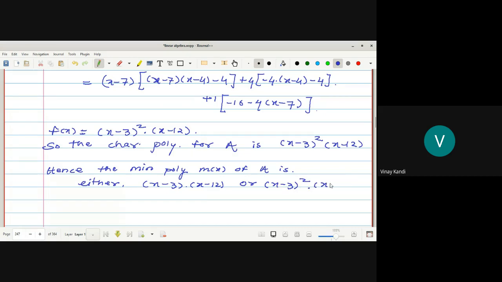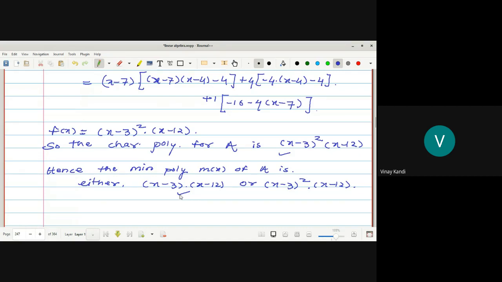Now look here. What is m of x? There are two possibilities for m of x: either (x minus 3) into (x minus 12) or (x minus 3) squared into (x minus 12). This is the characteristic polynomial and this one is the minimal polynomial. Every root of the characteristic polynomial is a root of the minimal polynomial, except for their multiplicities.